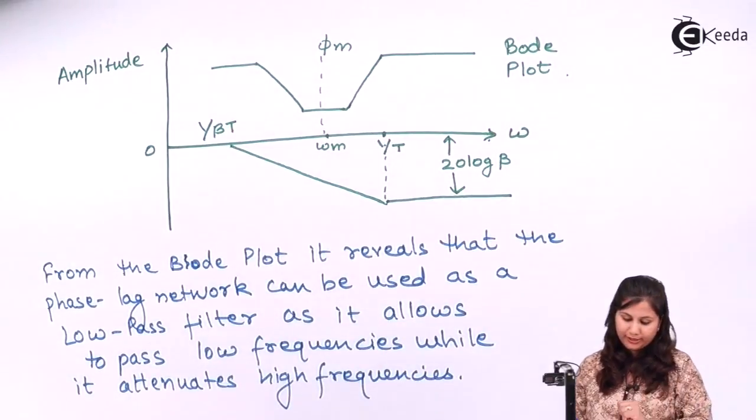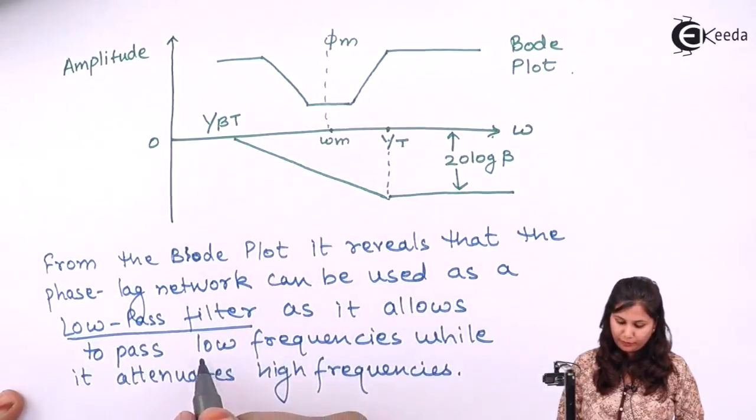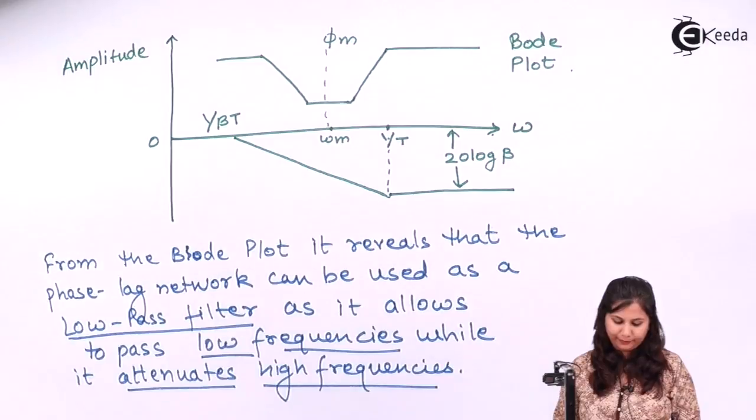Okay, so this phase lag network can be used as a low pass filter. It is allowing to pass the low frequencies and it attenuates high frequencies.